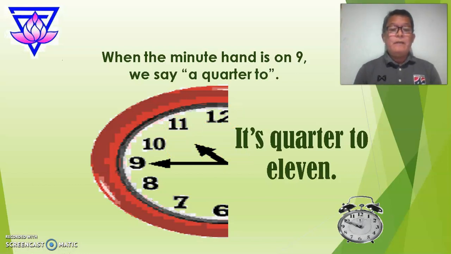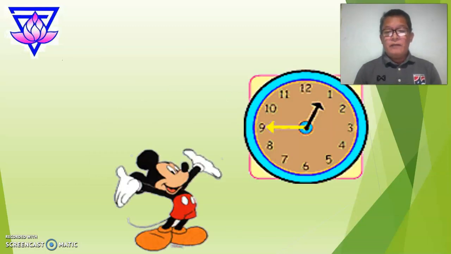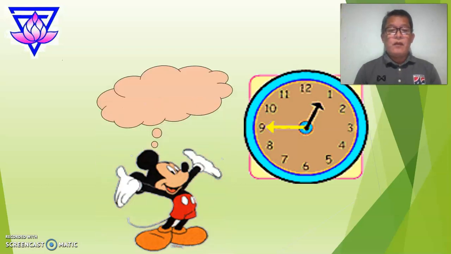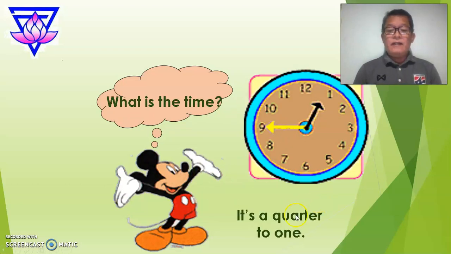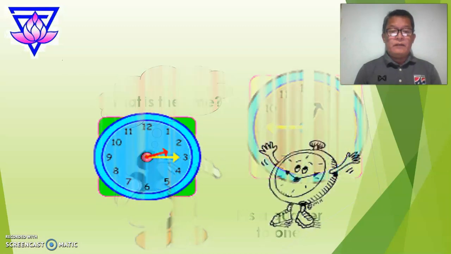The next one. What is the time? It's 1:45. Look, the long hand is on the 9 and the short hand is almost at 1, so it's 1:45.